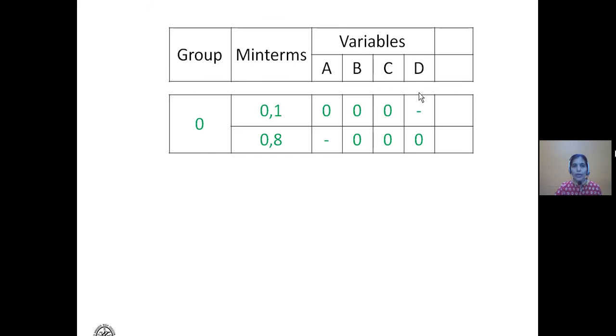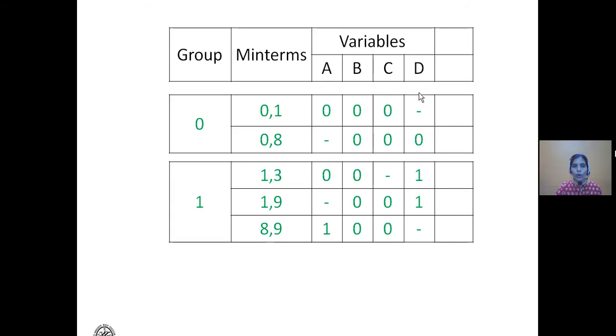So let's compare group 0 with group 1. The 0, 1 pair will be compared with 1, 3, 0, 1 will be compared with 1, 9, 0, 1 will be compared with 8, 9. When we do this comparison, we first match the dash of 0, 1, and the dash is at D. However, when we compare 0, 1 with these three rows of group 1, we find that the dash matches with only 8, 9.